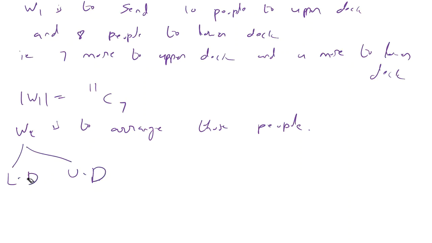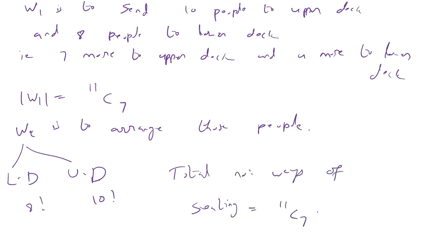So in the lower deck we can arrange them in 8 factorial ways, and in the upper deck we can arrange them in 10 factorial ways. So the total number of ways of seating is equal to 11 choose 7 times 8 factorial times 10 factorial.